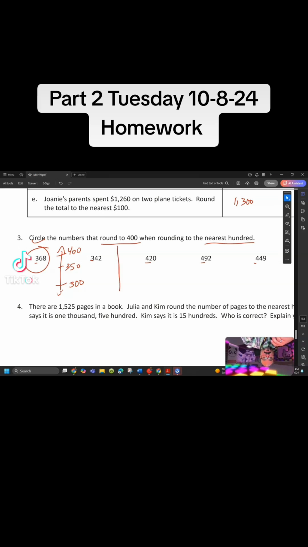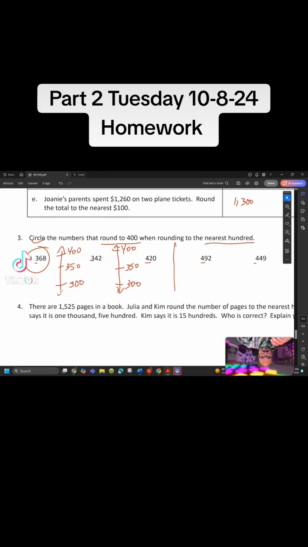Next one, 342. 342 would be in between 300 and 400. Halfway would be 350. Now, 342 is below 350, so we would not round it to 400, so we do not circle that one.